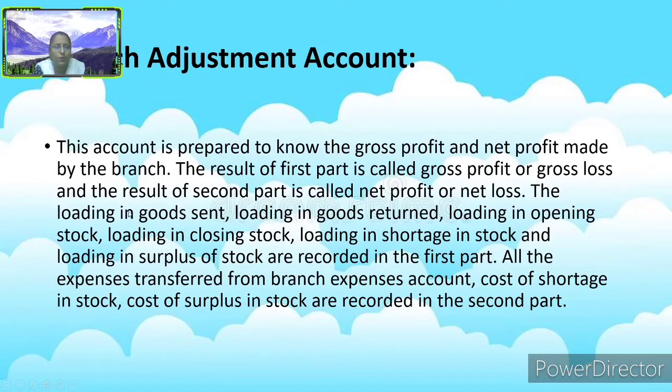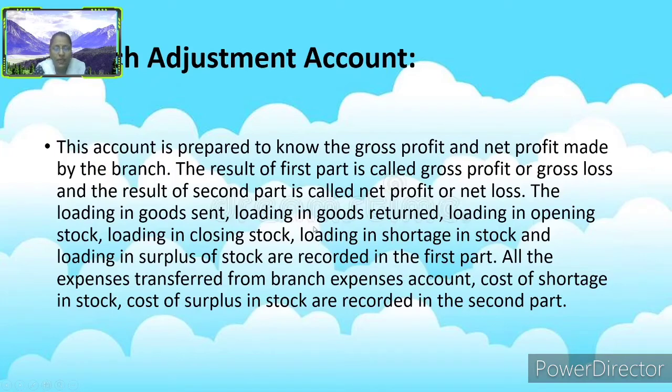With this we have to show the loading in goods sent, loading in goods returned, loading in opening stock, loading in closing stock, loading in shortage in stock, and loading in surplus of stock, which are recorded in the first part, as we already know. And all the expenses transferred from the branch expenses account, the cost of shortage in stock and cost of surplus in stock, are recorded in the second part. In this way, we have to prepare this account in two parts.